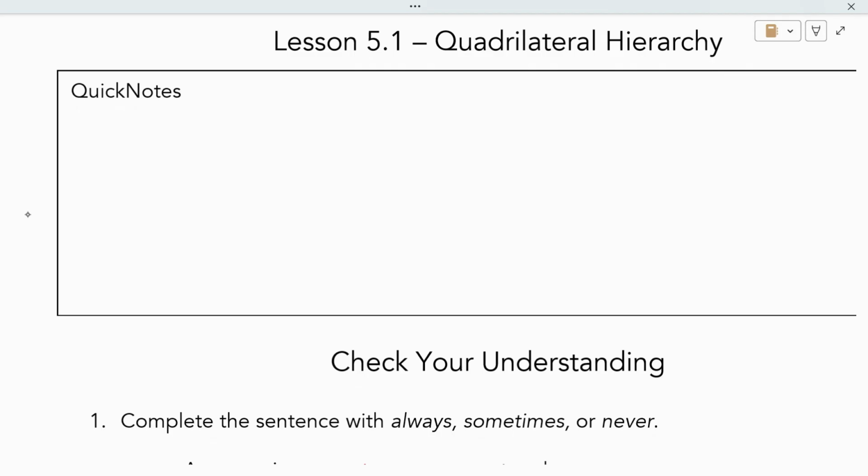So I'm going to start with the most basic, which we said is a quadrilateral. And this just is a shape with 4 sides. That's all. It's just a polygon with 4 sides.